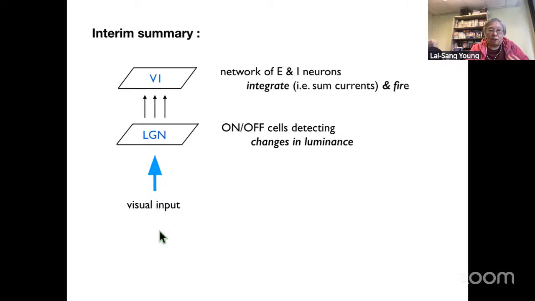This is a driven dynamical system. You drive it with visual input, but the input is driven to LGN, and that LGN drives V1, and V1 is the part that we're interested in, right? But they are made up of very different components. This one only sees light to dark, dark to light. This one adds up all the excitatory and inhibitory, and then fires when it's sufficiently positive. Okay, so this is the dynamical system.